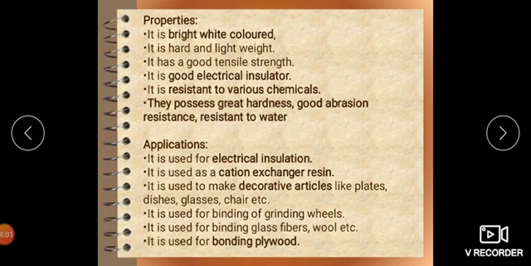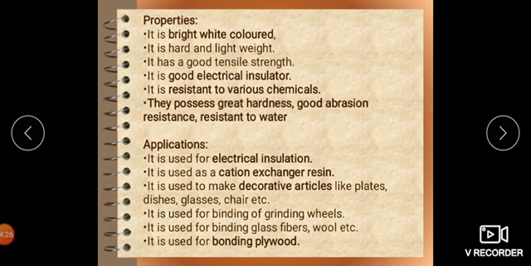This urea formaldehyde resin has some properties: these resins are bright white in color. They are hard and lightweight. They have good tensile strength.